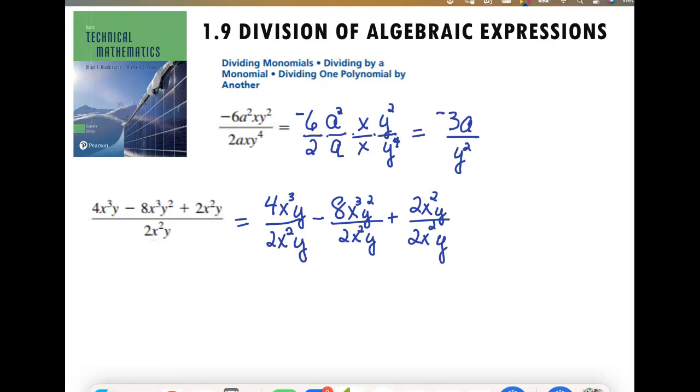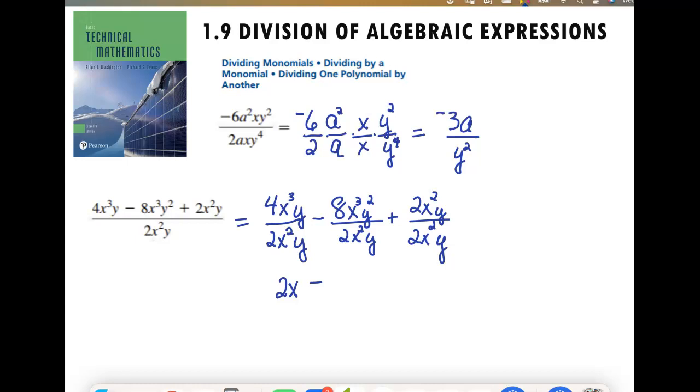So for the first one here, 4 divided by 2 is 2. I've got x cubed over x squared, so that's going to give me just x, and the y's cancel. So that first term becomes 2x. Bring down my minus sign. Here, 8 divided by 2 is 4. x cubed over x squared is just x. y squared over y is just y.